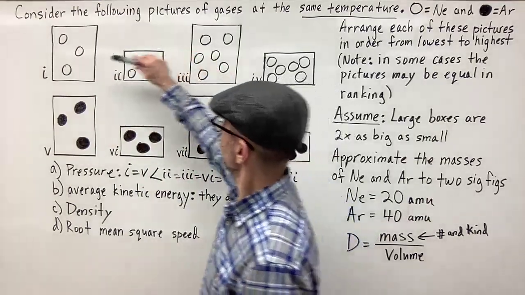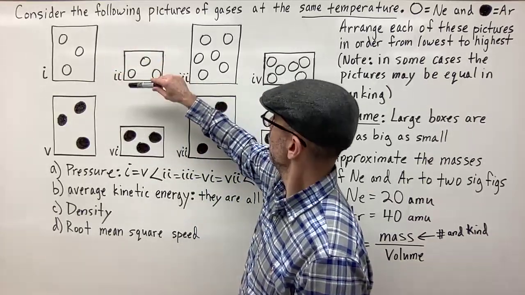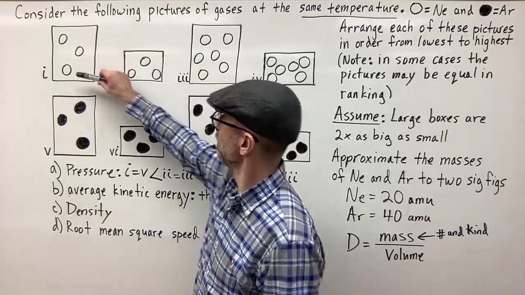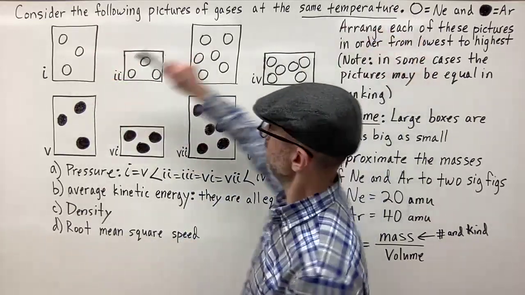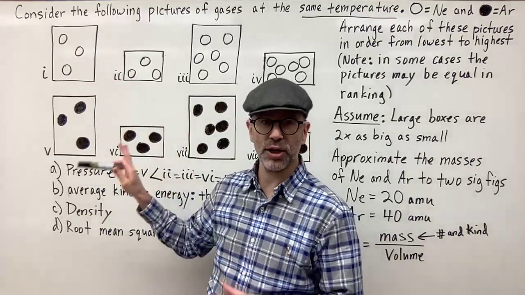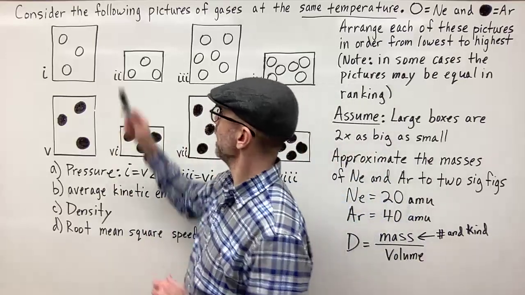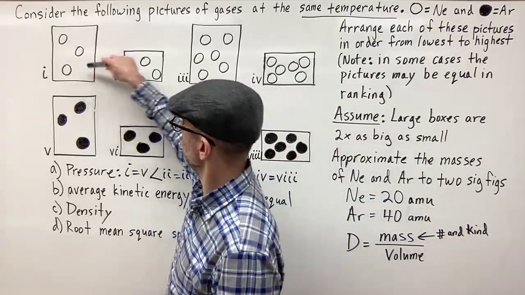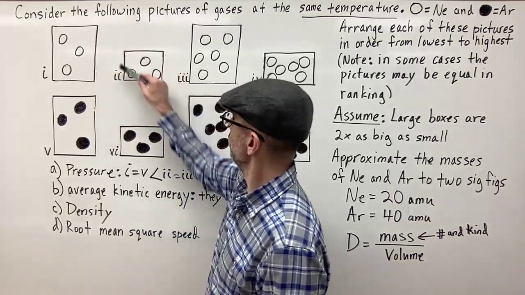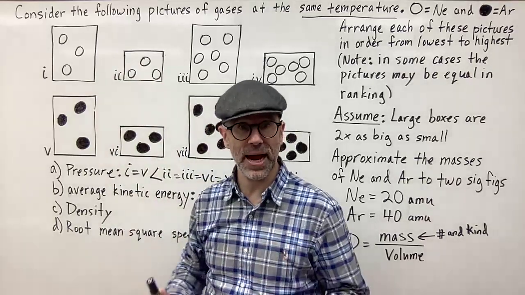So these two have the least mass, and they've got the least number. Remember, this is neon, so we have 3 neon particles. Here, this is argon, that's going to be greater mass. So we're going to ignore the dark ones first, and look at the light ones. We have 3 here, and we have 3 here. So these two are equal in the amount of mass.